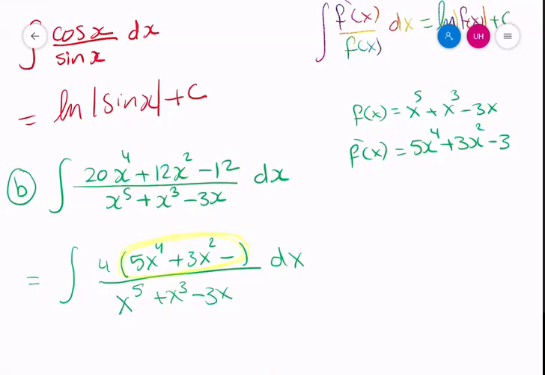This is the derivative of the function. So we can say it is 4 times ln of the denominator.